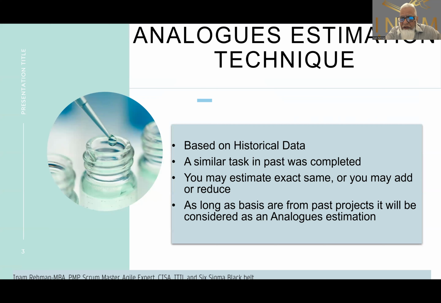It will be considered an analogous estimation technique. So when we use any past information and based on that information we estimate our future project duration or task duration, we call it analogous estimation technique.